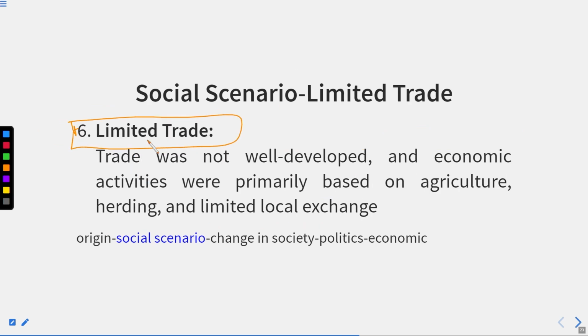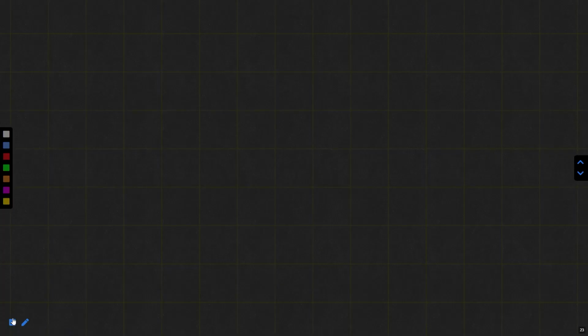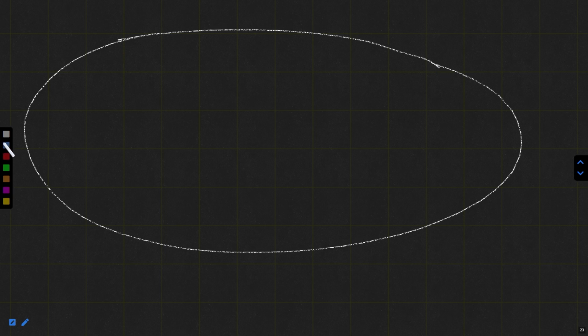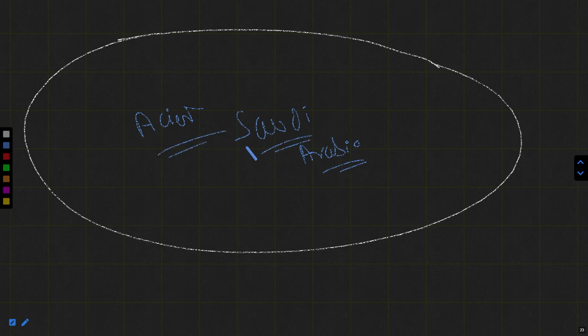So then we have the limited trade. What does it mean? Basically, trade was not well developed and economic activities were primarily based on agriculture, herding, and limited local exchange. Why? Because that is what we call ancient Saudi Arabia.